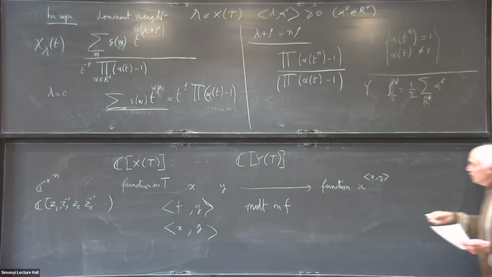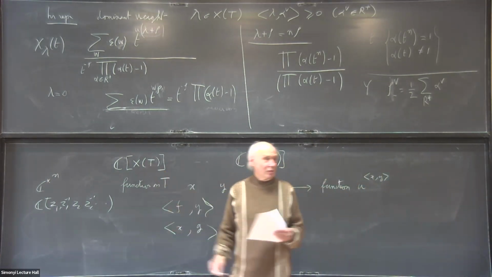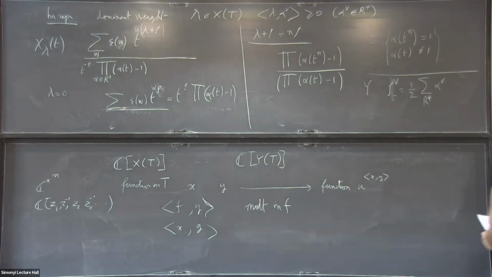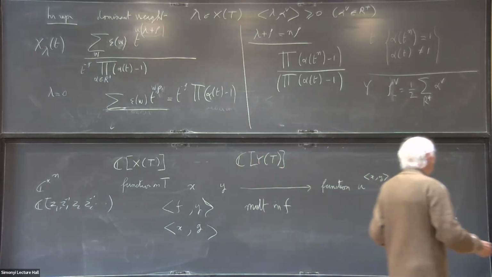I will take for X the element lambda plus rho, and I will first consider the numerator of Weyl's formula.